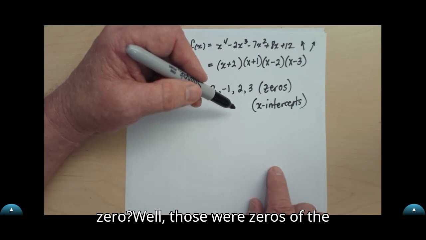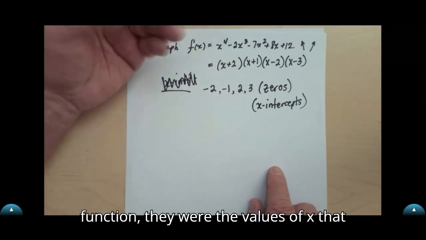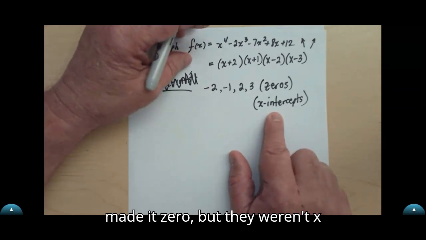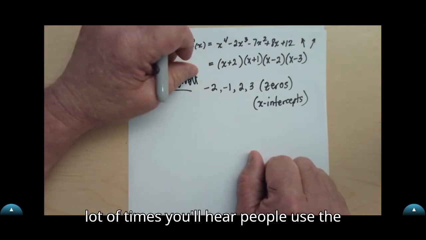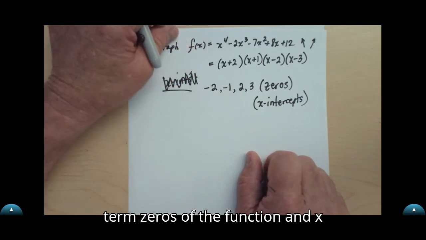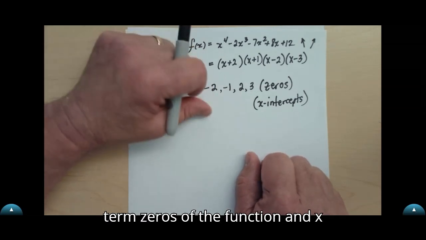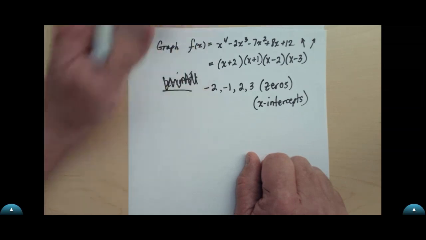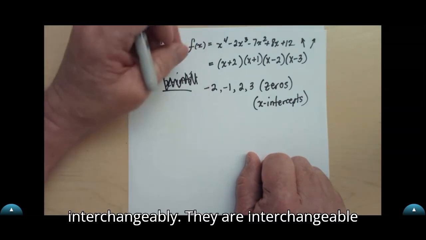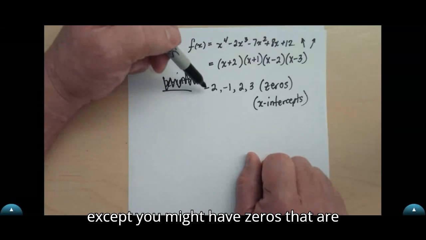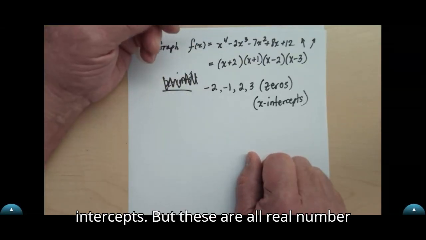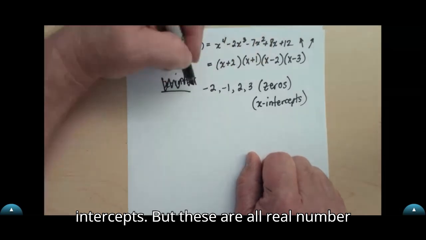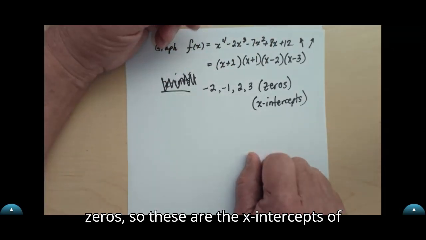Well, those were zeros of the function. They were the values of x that made it 0, but they weren't x-intercepts because they weren't real numbers. Everybody see that? So a lot of times you'll hear people use the term zeros of the function and x-intercepts interchangeably. They are interchangeable, except you might have zeros that are non-real numbers, and those wouldn't be x-intercepts. But these are all real number zeros, so these are the x-intercepts of the graph.